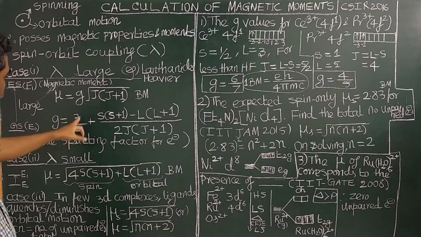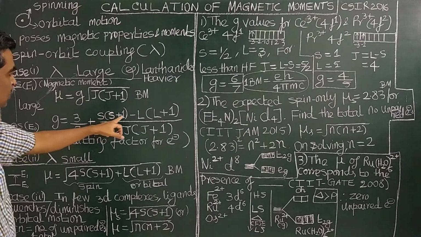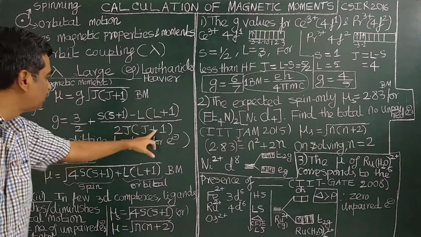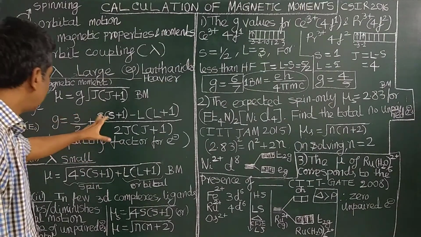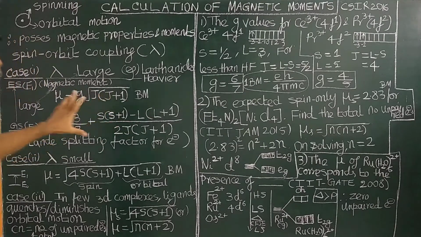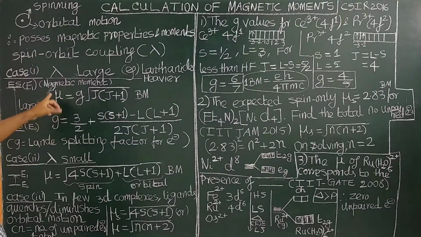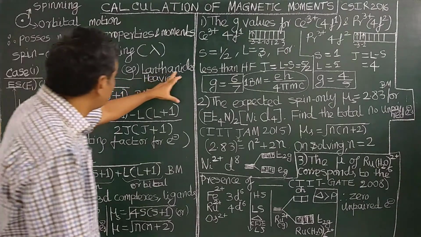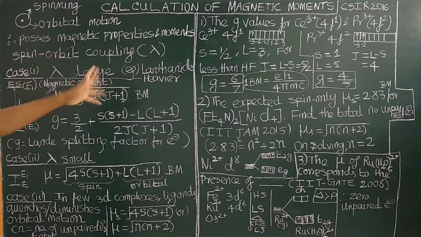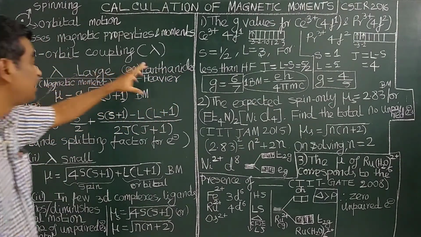Now g equals 3 by 2 plus s into s plus 1 minus l into l plus 1 divided by 2j into j plus 1. Using the s, l, j values, we can calculate the g value, and then you can calculate the magnetic moment. This is applicable for lanthanides and heavier elements where the spin orbit coupling is very large.